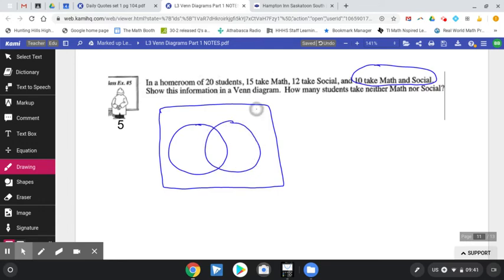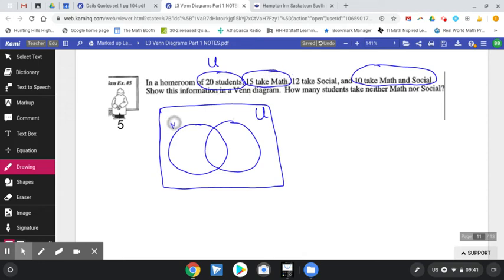Now remember, everything in this rectangle will be the universal set. So this 20 students, that is telling us how many people we should have in the universal set. So everything in our rectangle should add up to 20. And 15 take math.